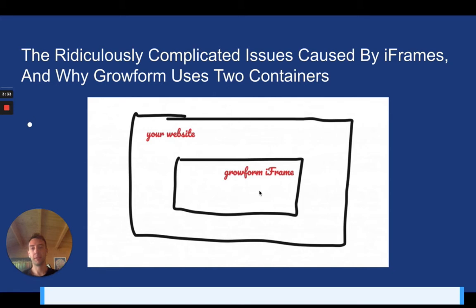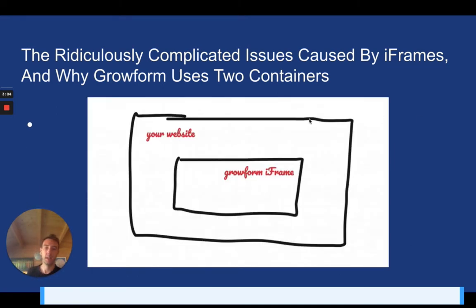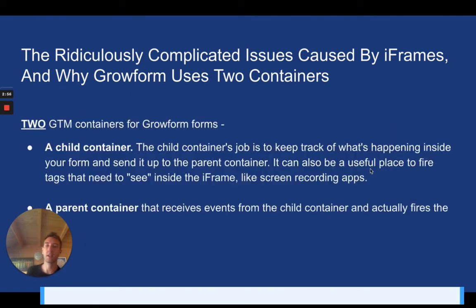So we've consulted some Google Tag Manager experts and basically found a way around this problem that means we can still use our iframe setup. So on our next step here, if it loads, Growform actually uses two containers. So we have a child container and a parent container. So if we go back to our lovely diagram, the child container is located inside the iframe and the parent container is outside the iframe. So the child container's job is to keep track of what's happening inside your form.